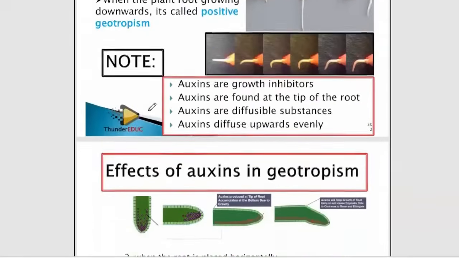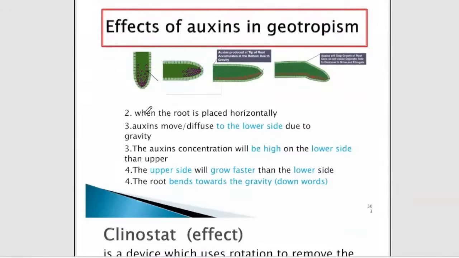And then there is the difference for the case of the root, whereby auxins inhibit growth in the root. Yes, I've tried to explain it in a good video about this, explaining the most likely questions in terms of the practical. You can check it on our YouTube channel. I've tried to explain it so that you are able to understand.